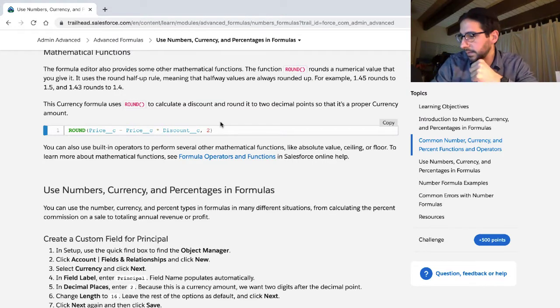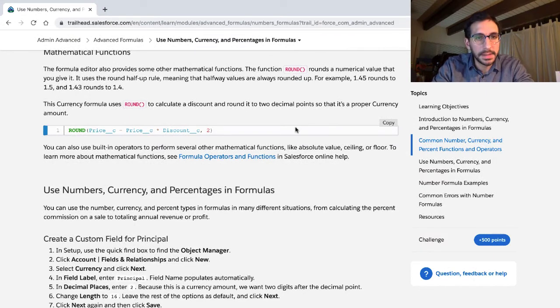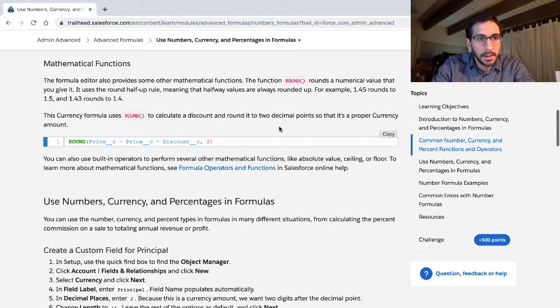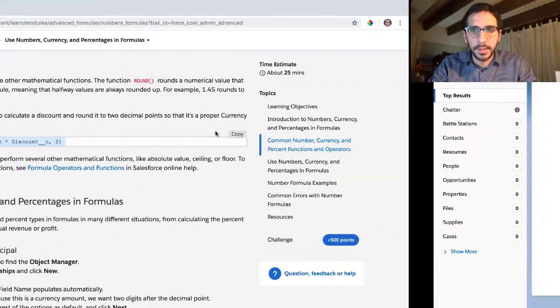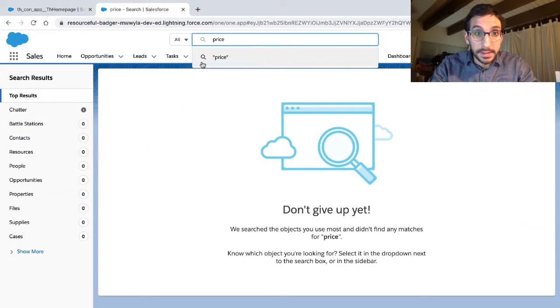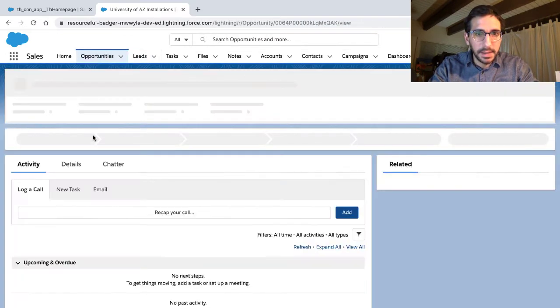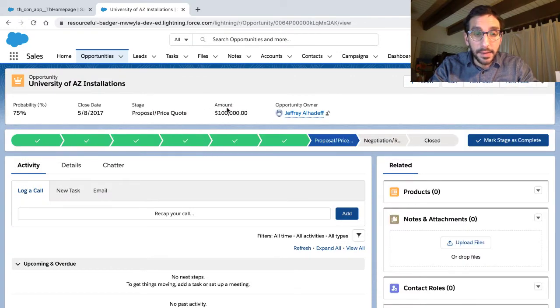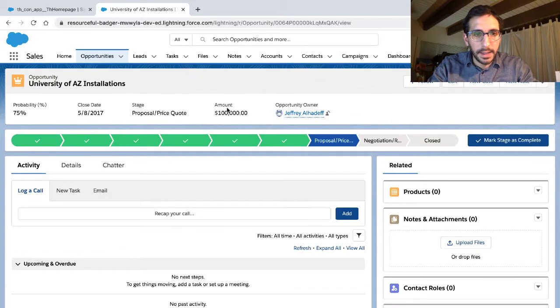So, one second. Okay, so I was curious, where would you use this? This is a nice formula, but if I wanted to test it out, I don't know where to do that. There's not a price field. There's an opportunity object, which has an amount, but I didn't see it.